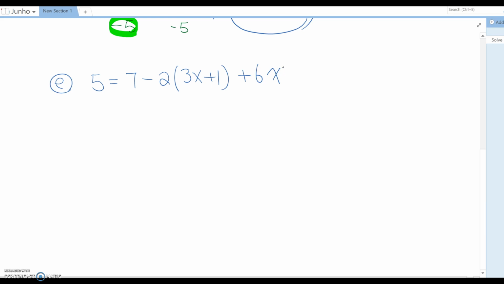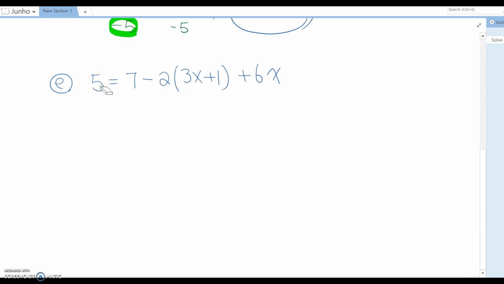This question contains a PEMDAS problem because we have the parentheses and also multiplication, and then addition and subtraction, and then addition again here. So we need to follow PEMDAS.